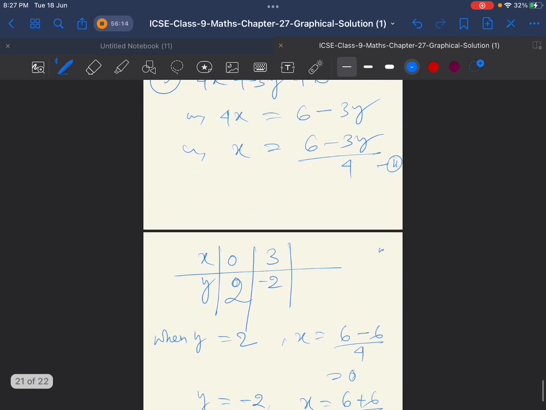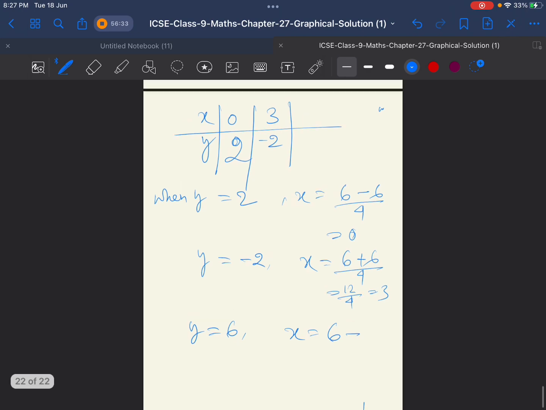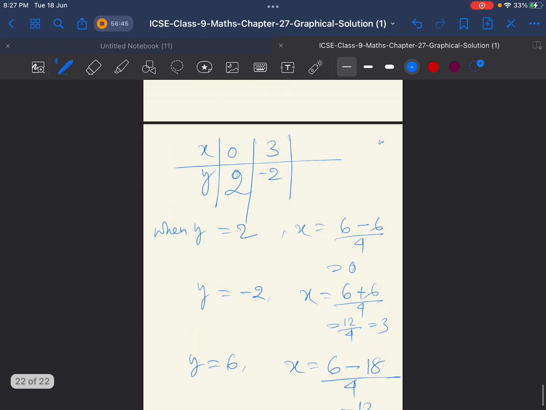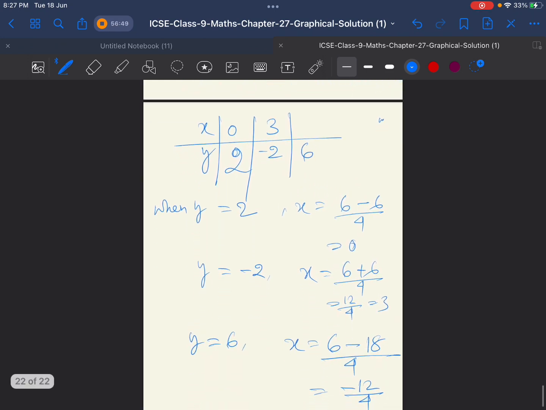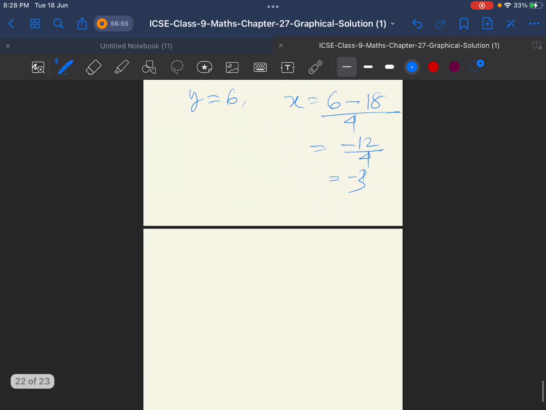If we take y equals 6, then the value of x is (6 minus 18) by 4, minus 12 by 4, so this is minus 3. So when y is 6, then x is minus 3.